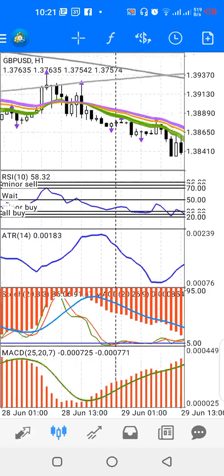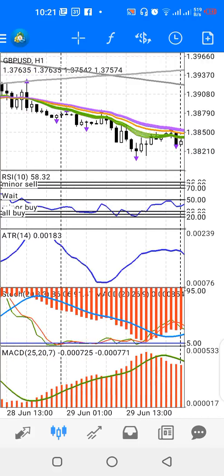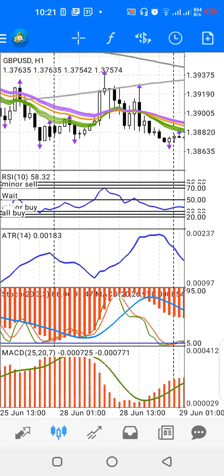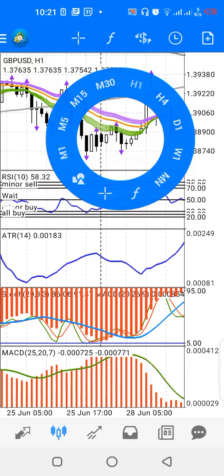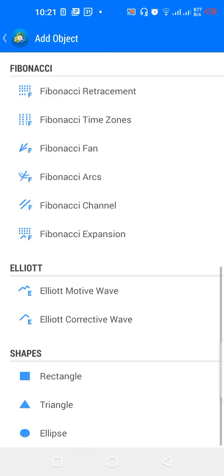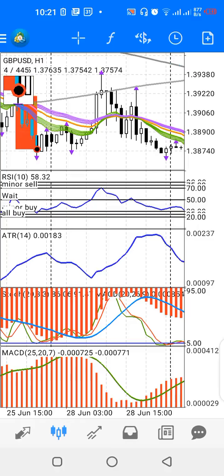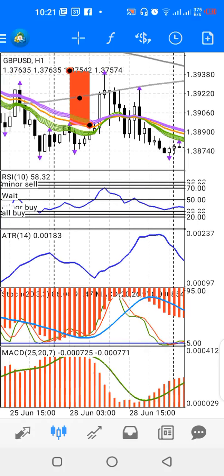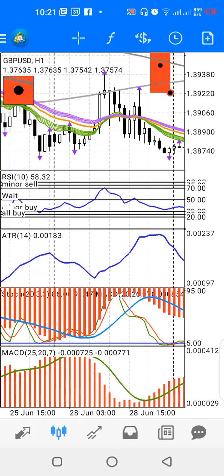Apart from that gray line, you also have another gray line. When the belt drops below the two gray lines like you have around here, that's a solid confirmation of bearish trend. You have the first gray line around here, and the second gray line around here.